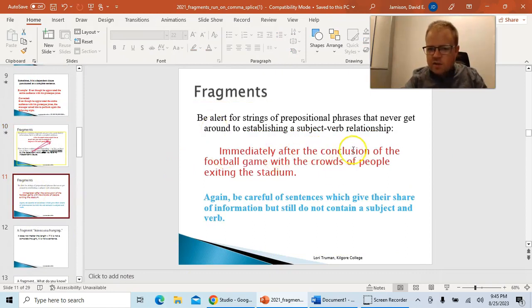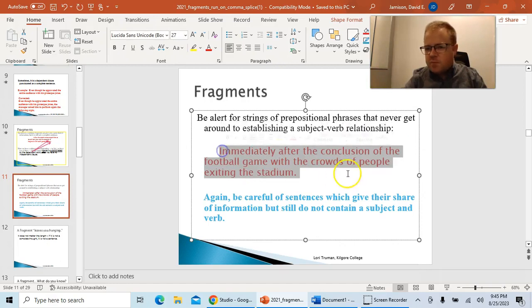Immediately after the conclusion of the football game with the crowds of people exiting the stadium. Again, incomplete thought. We could say immediately after the conclusion of the football game, the crowds exited the stadium. That would be a complete thought. Or we could say immediately after the conclusion of the football game with the crowds exiting the stadium, the coach found out that his wife had given birth.